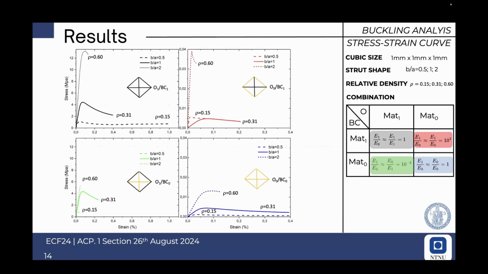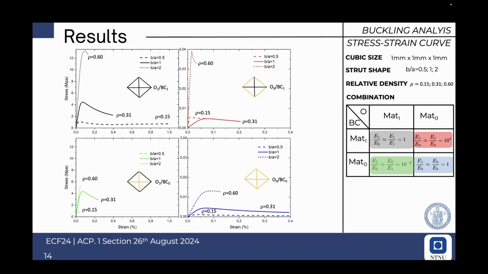Here I have reported a summary of the results. You have the color code as in this matrix. In the illustration here, this is the topology. The octet is provided by the diagonal external lines, while the cubic is underlined by this internal cross.